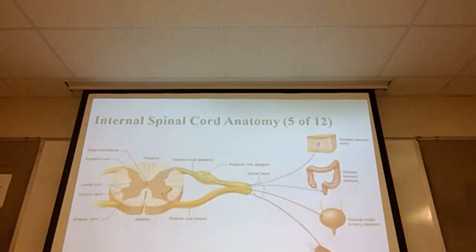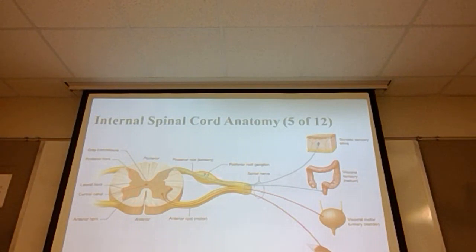And there is the butterfly-shaped gray matter surrounded by the white matter. There's the central canal. There's the gray commissure right there. The anterior horns almost come to the surface, with much narrower posterior horns.